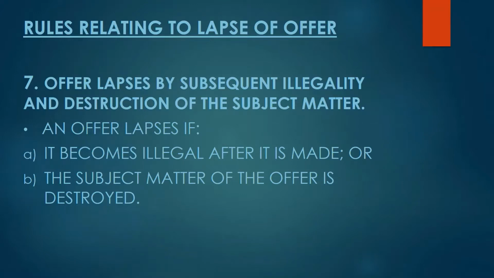In such cases, the offer cannot be accepted as it will be illegal and the offer stands revoked. For example, Mr. A offers to sell 1000 poly bags to Mr. B for rupees 5000. Now, before Mr. B could accept the offer, the government puts a ban on the sale and purchase of polybags. In this case, the offer has become illegal and cannot be accepted. So the offer here stands revoked, right?